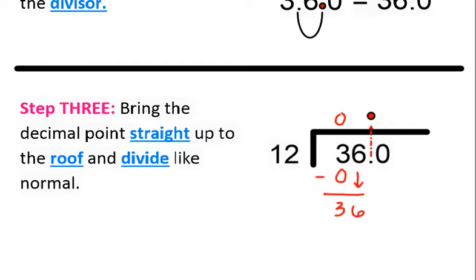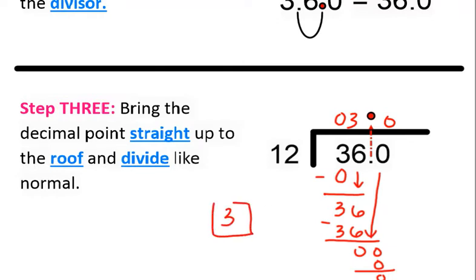Bring down the 6. 12 goes into 36 3 times. 3 times 12 is 36. Subtract, 0. But I'm going to bring down that 0. 12 goes into 0, 0 times. Subtract. So my answer is 3.0 or just 3.